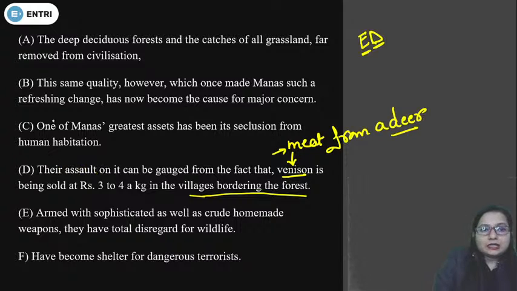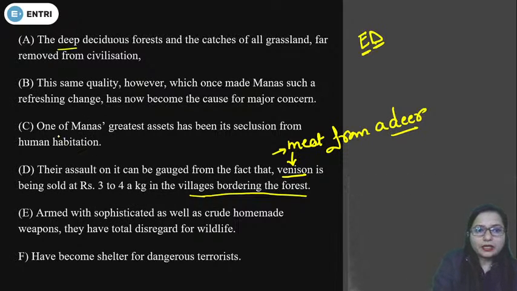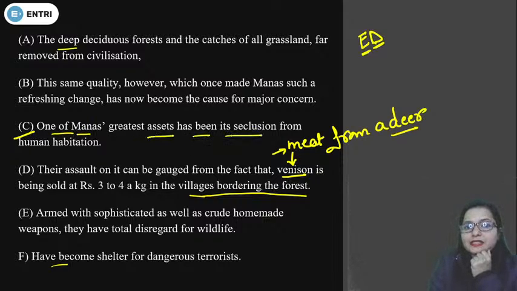Okay, the deep deciduous is not connecting with the D, one of the manners and have become. Okay, as you can see here in the C statement, it is saying one of the man's greatest assets has been its circulation from human habitat.